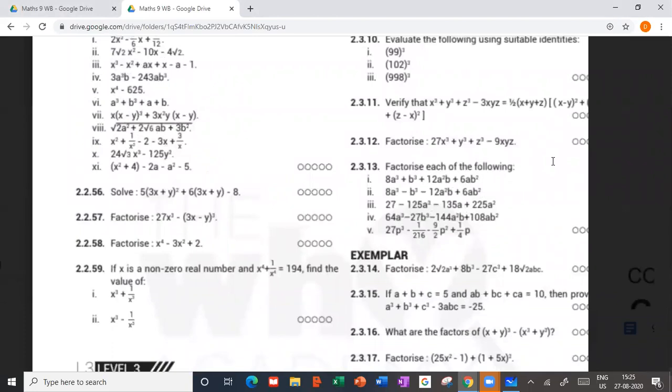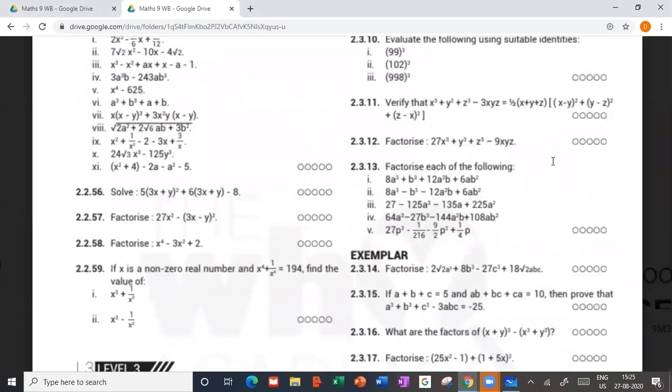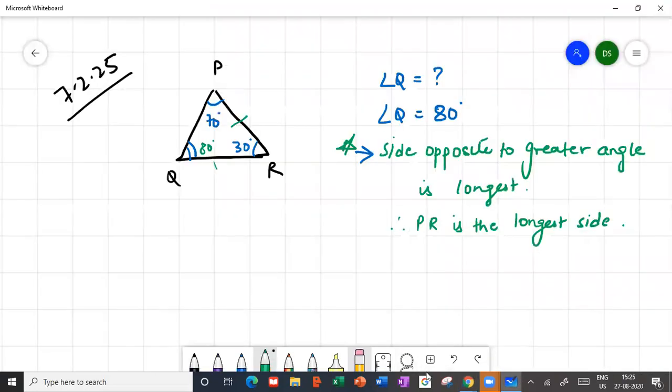Looking at the question, I think it is something related to the identity. Which identity will it be? Something to do with the identity. And the eighth identity. Eighth identity. Okay. Can you tell me which is that?